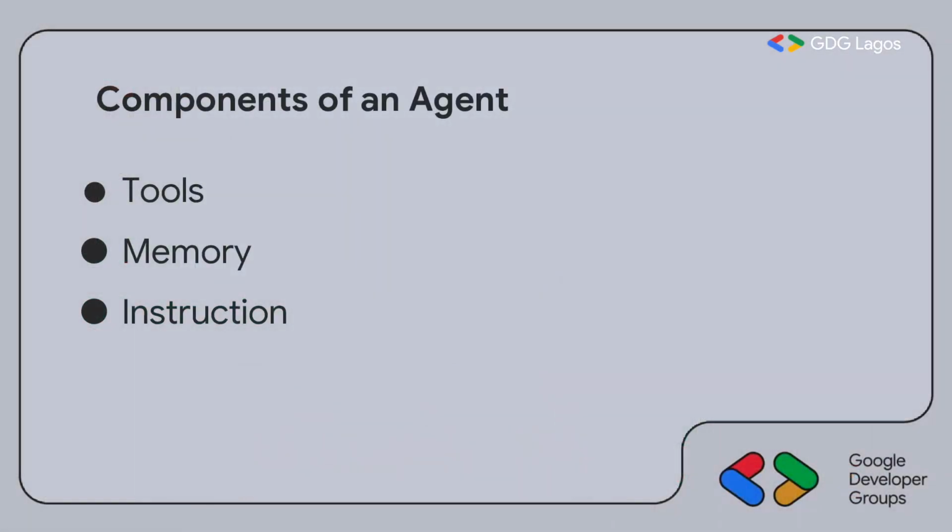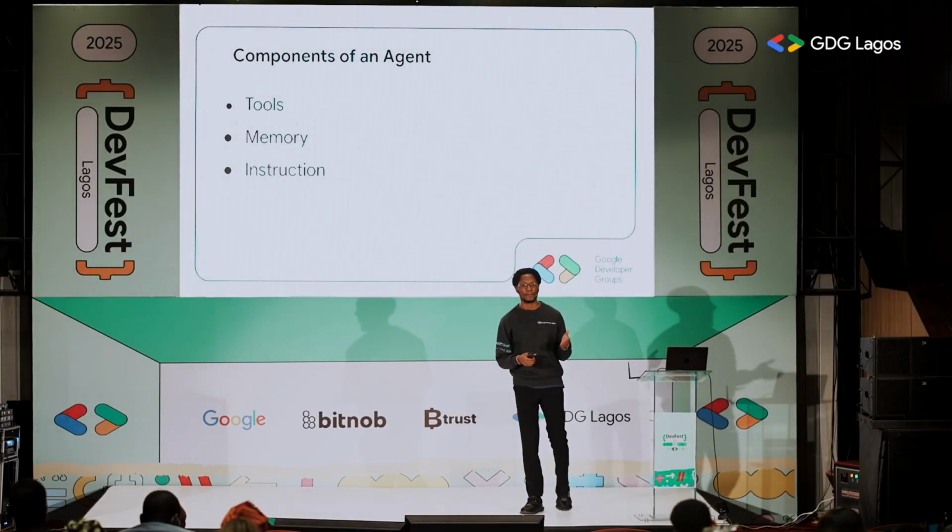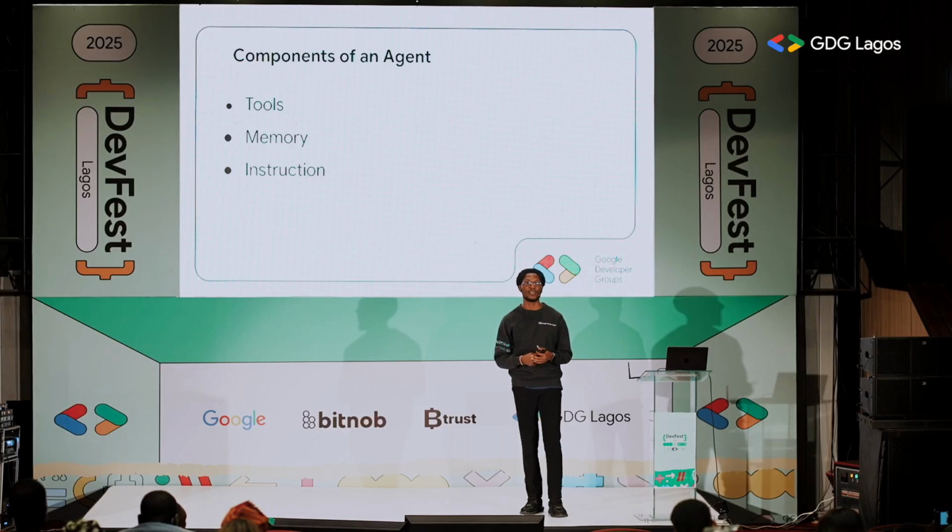Right, there's three main components of an agent. One is tools, two is memory, and three is instruction. Tools are essentially very niche information that you've given to that agent, right? Niche in the sense of, if you ask Gemini what's happening in National Theatre today, it most likely would not know the answer to it.